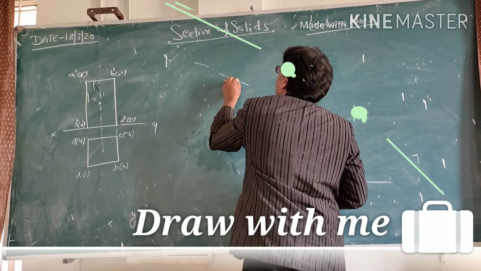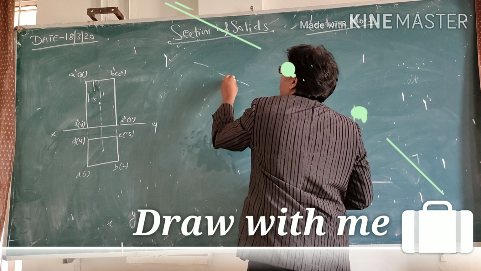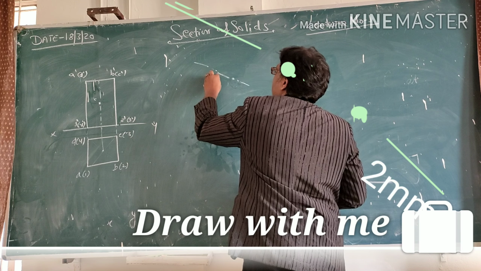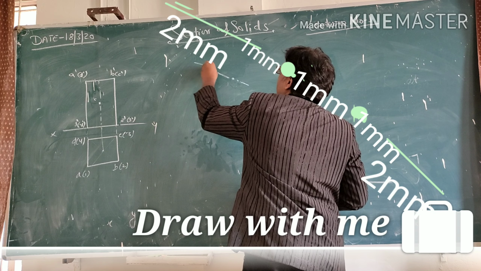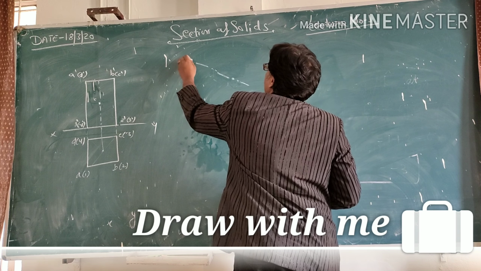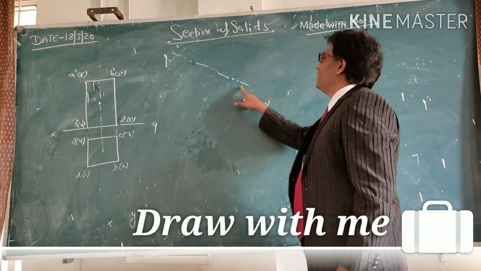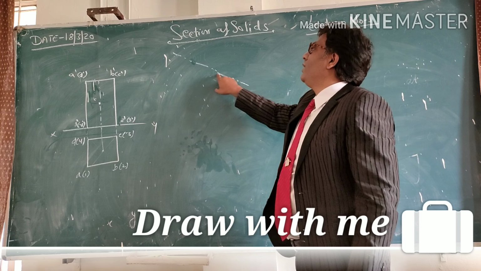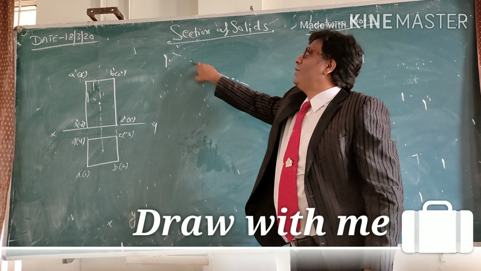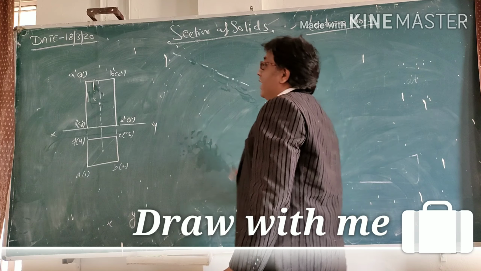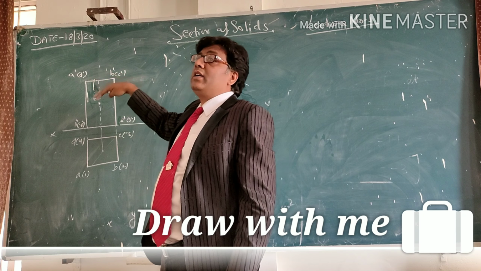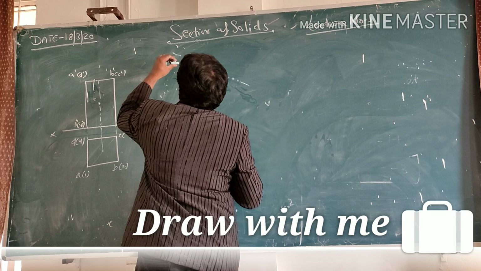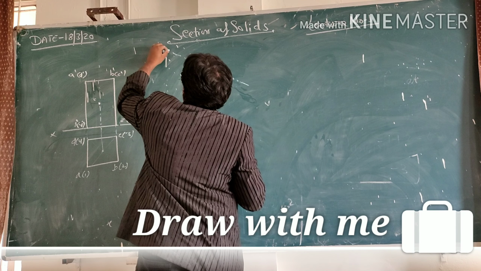Means one line of 2 mm, then a 1 mm gap, one dot, 1 mm gap, second dot, 1 mm gap, then a line of 2 mm, and so on. So this is called a double chain dotted line. So we are showing the double chain dotted line for the cutting plane, in a different color.